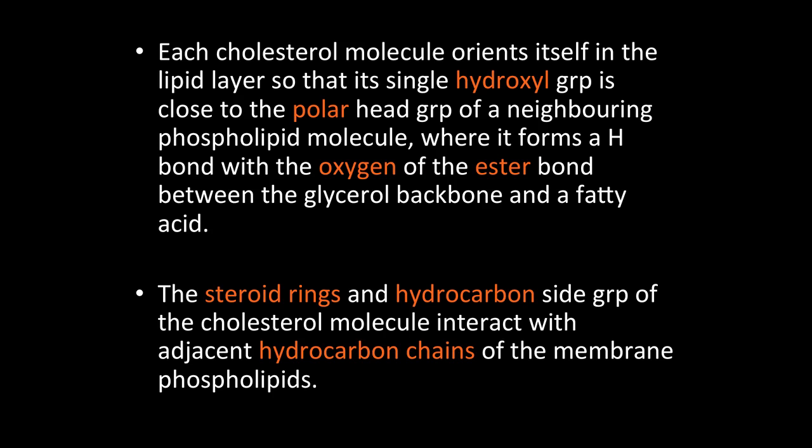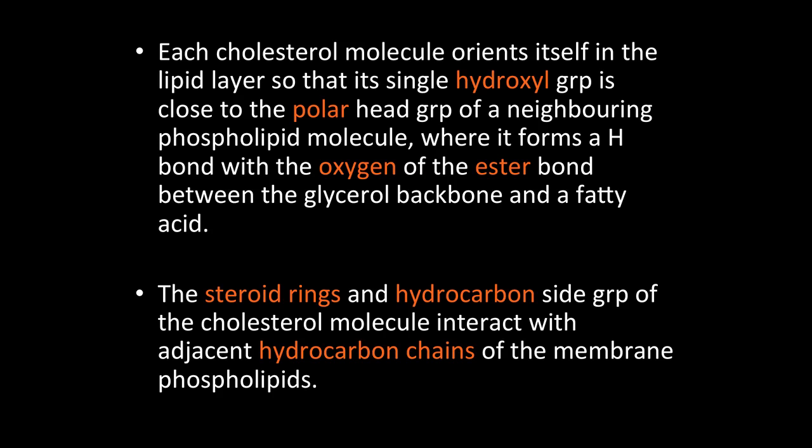So each cholesterol molecule orients itself in the lipid layer so that its single hydroxyl group is close to the polar head group of a neighboring phospholipid molecule, where it forms a hydrogen bond with the oxygen of the ester bond between the glycerol backbone and a fatty acid. Right? And that is basically what I just showed you in the diagram. Remember, for cholesterol, the hydroxyl group is the polar head, and it's going to interact with the polar head of the phospholipid group.